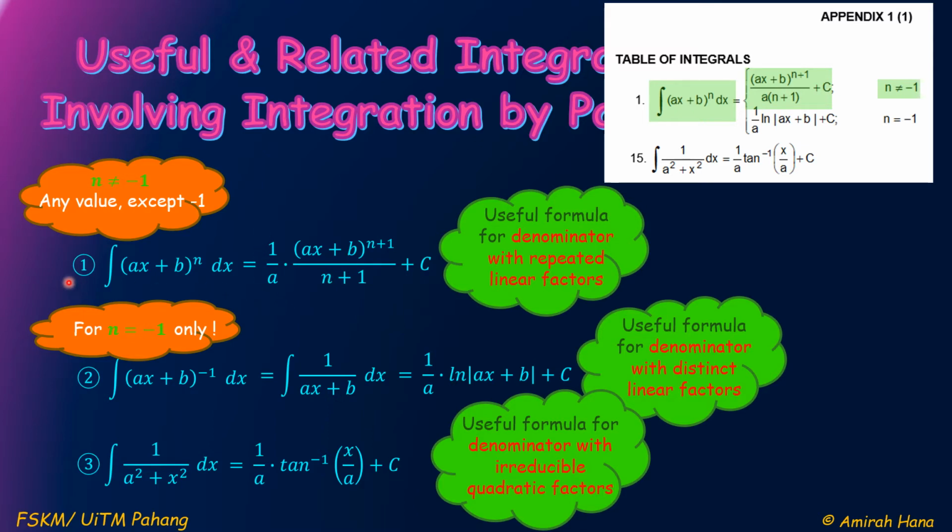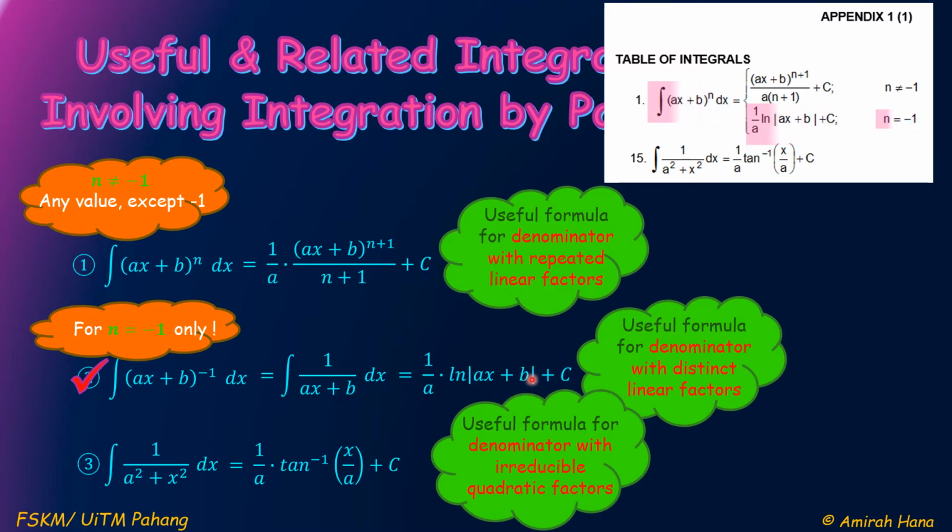In this video, we will continue with the formula for the integration of (ax + b)^n dx when n equals -1. The answer equals 1 over a ln modulus ax + b, plus c.